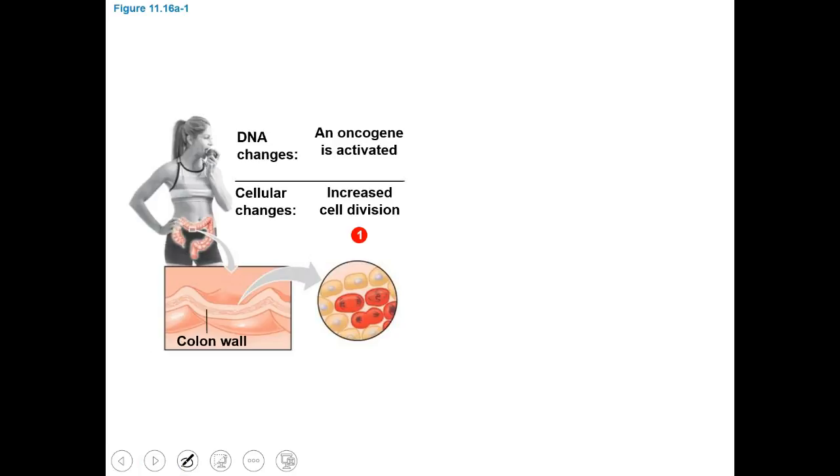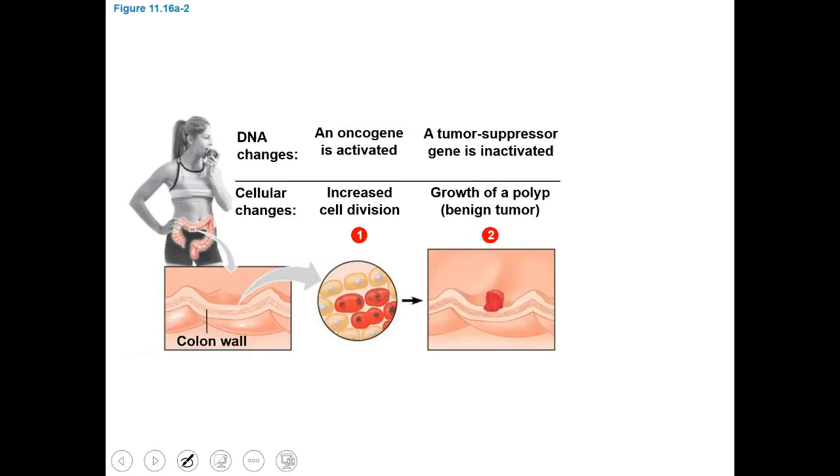But you see there's some cell division that's increasing once an oncogene, which is really just a cancer-causing gene, is activated. It's really all that it means. And so that starts to develop and grow and divide out of control. Okay. Then a tumor suppressor gene is inactivated. So you have these genes that suppress a tumor, that say, no, no, no, you don't do that, and they go and get it.